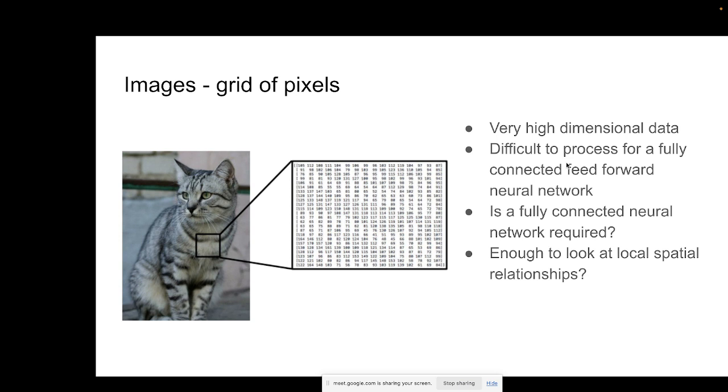But why is this so difficult with images? The explanation is somewhat clear in this particular picture. Suppose this is an image of a cat. First I take a small patch in this image, and we all know that for a color RGB image the dimensions are H cross W cross 3, where H is the height, W is the width, and 3 is the number of channels.